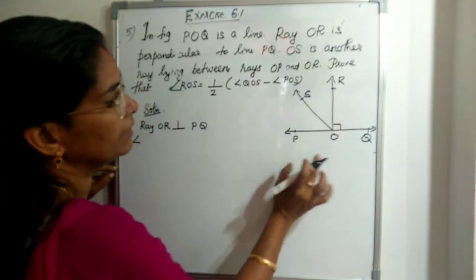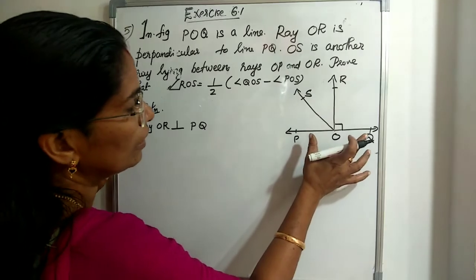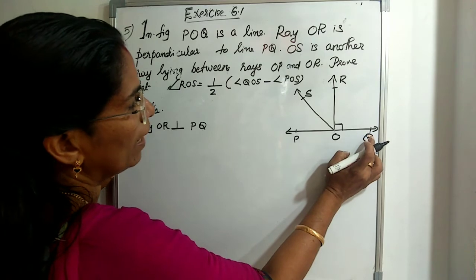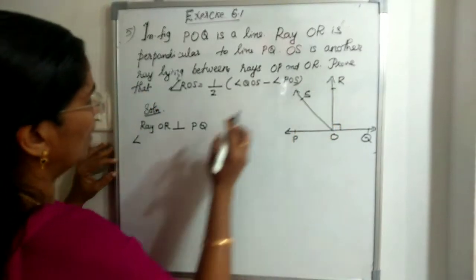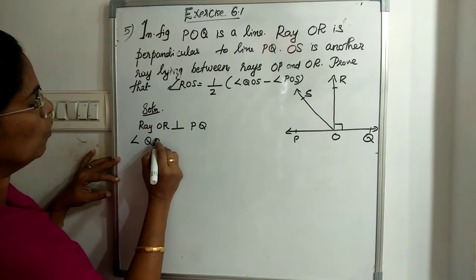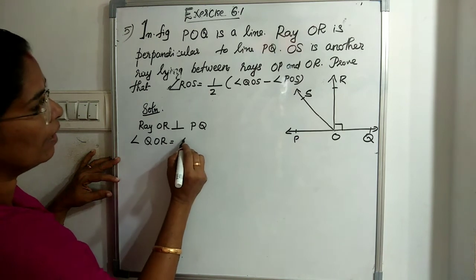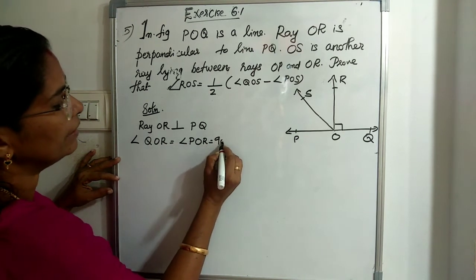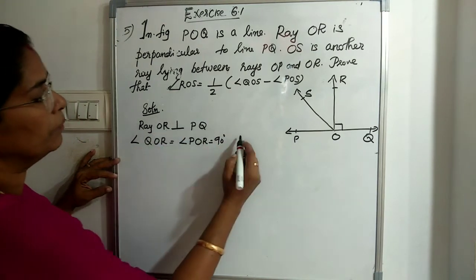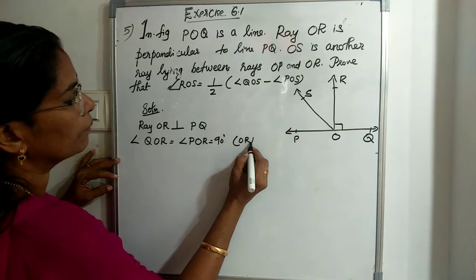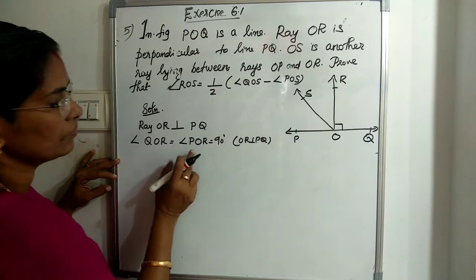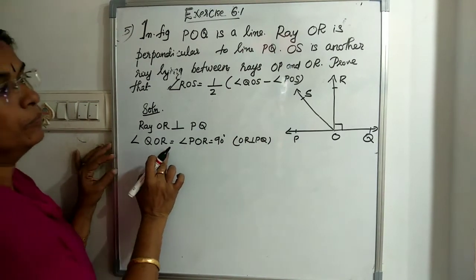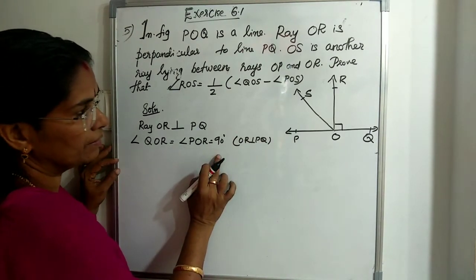Perpendicular meaning is 90 degree. So angle QOR is equal to angle POR equal to 90 degree. Clear? Because OR is perpendicular to PQ, from this we can say both angles are 90 degree.